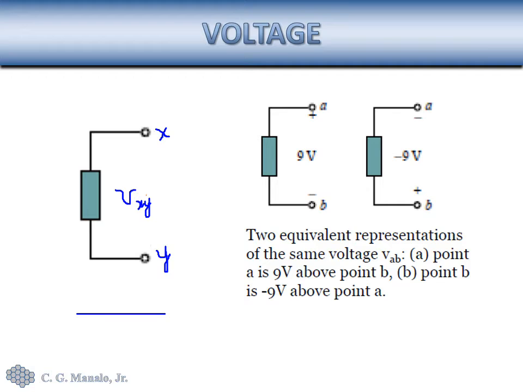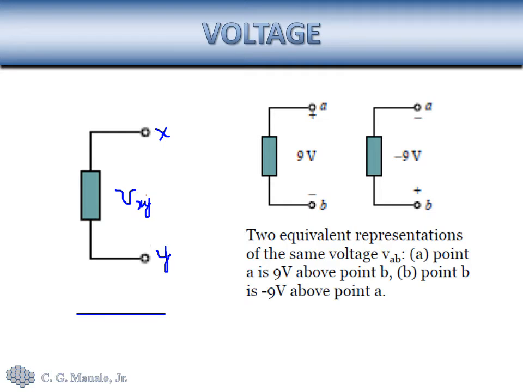Also, it is necessary to show the polarity of the voltage. Now, in some elements, it is not obvious where the positive and the negative are. For a battery or elements that are sources, it is obvious where the positive and the negative are.